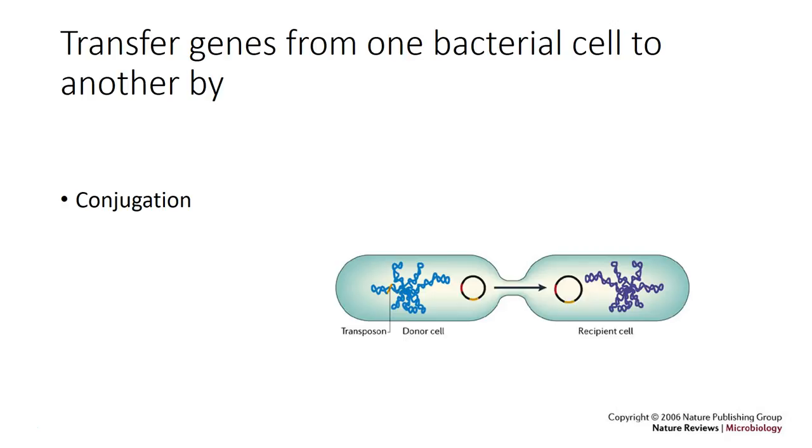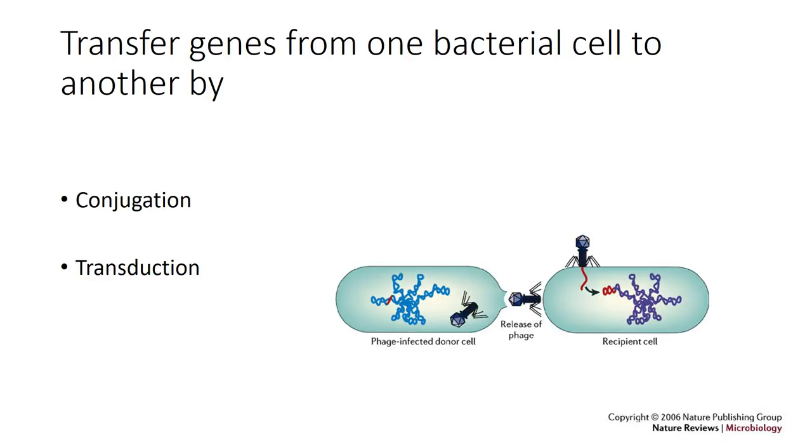Now, this plasmid DNA from the donor cell is duplicated and it's transferred via the pilus to the secondary or recipient bacterial cell, the cell on the right, thus giving the recipient cell the additional DNA or genes needed to make this pilus. But oftentimes, that plasmid also contains additional genes. So this is a way of transferring DNA from one cell to another.